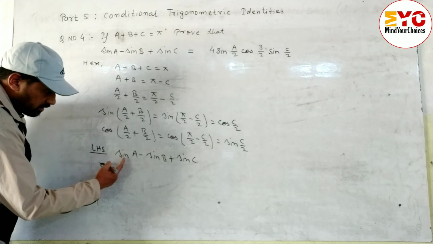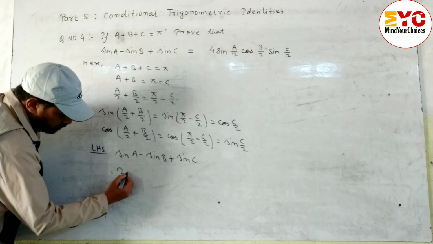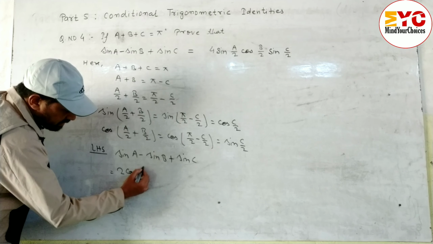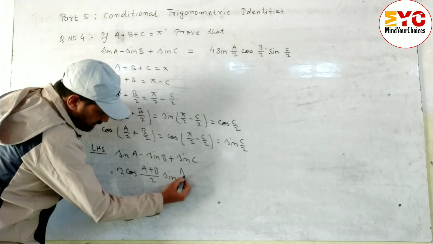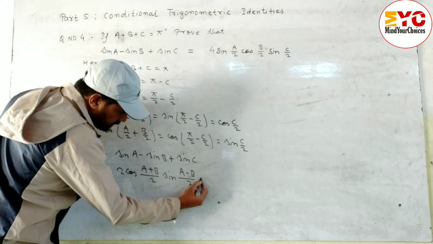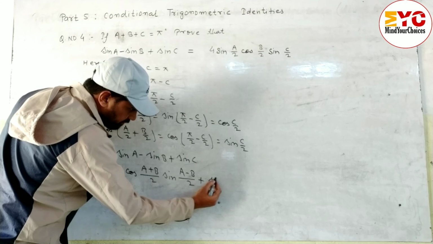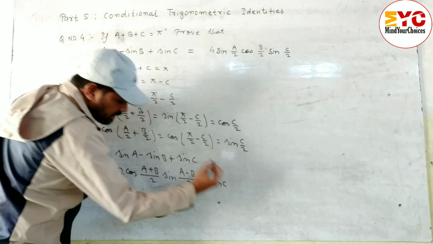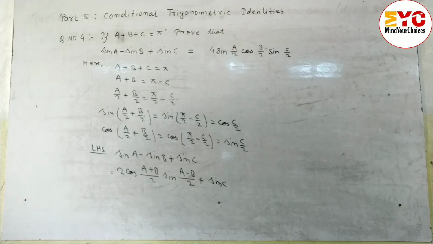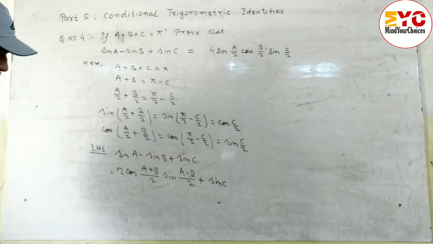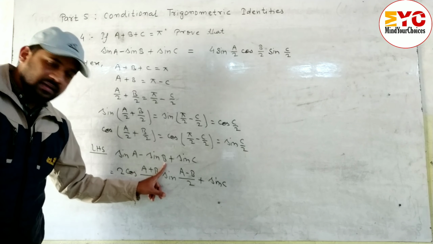Hope you know the formula of sine C minus sine D. So 2 cos of (A plus B) by 2 times sine of (A minus B) by 2, plus for sine C we have to use the formula 2 sine C by 2 cos C by 2. Here C means A, D means B.